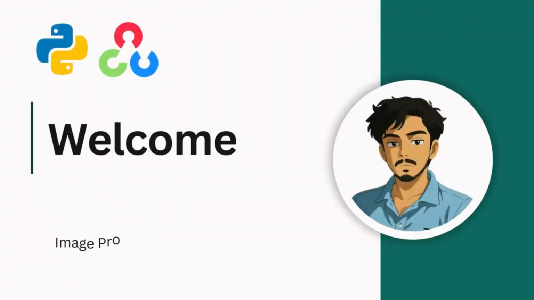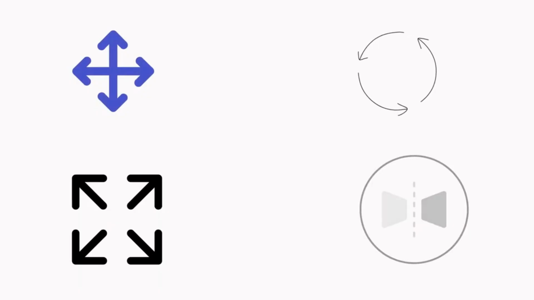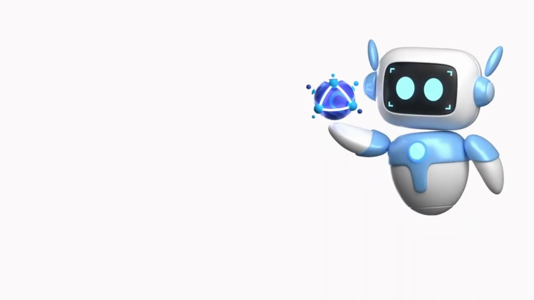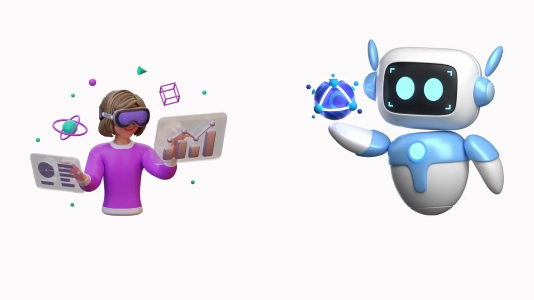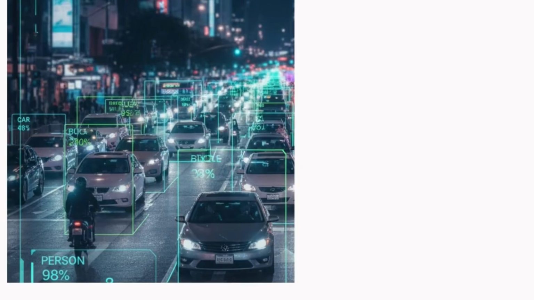Hey, welcome back to this OpenCV Python image processing series. Today we dive into image transformations and effects: how to move, rotate, scale, flip, and even change the perspective of images. These operations are core to computer vision in robotics, augmented reality, and object detection.